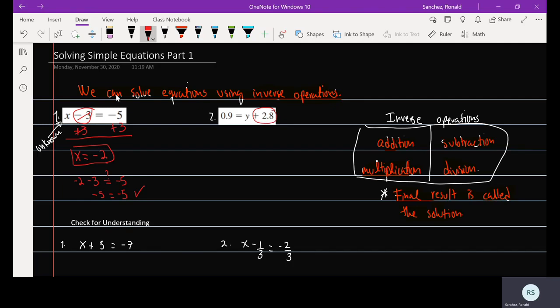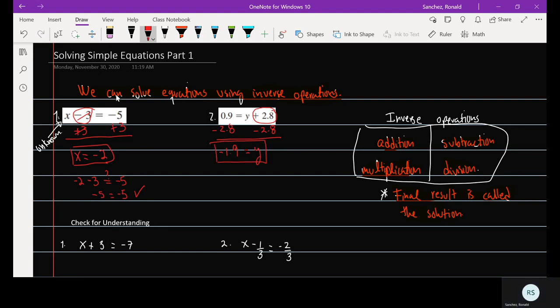And the way that I do that, remember, if I am adding, the opposite of adding is subtracting. So I'm going to subtract 2.8 from both sides. Well, and that gives me -1.9, and that's equal to the value of y.